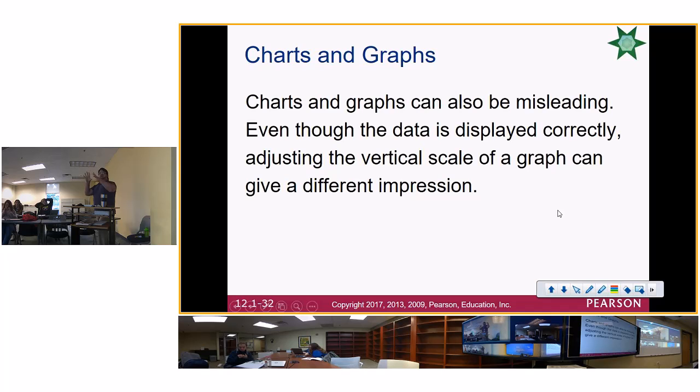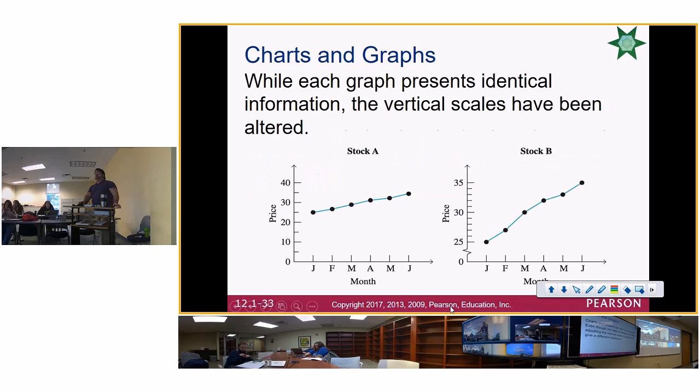They just make it pretty and colorful. They don't think about the mathematics. That's a mistake. And then there are people that do it on purpose because they're trying to get their point across.